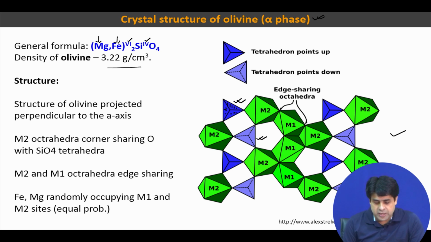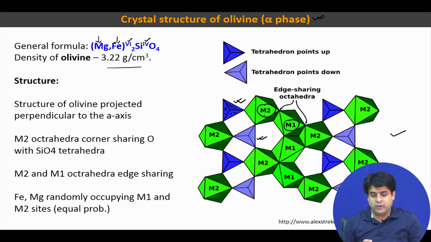And if you see the general formula of olivine, it has 2 octahedral sites, which are indicated in this diagram as the M1 and M2 sites. If you see the M1 and M2 sites carefully, you will observe that M1 is relatively smaller in size and M2 is relatively larger in size.